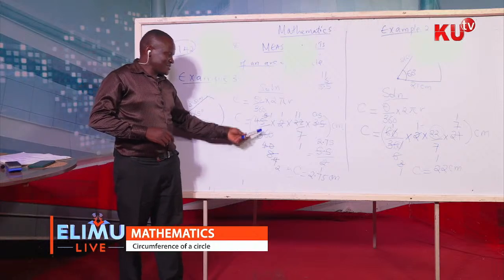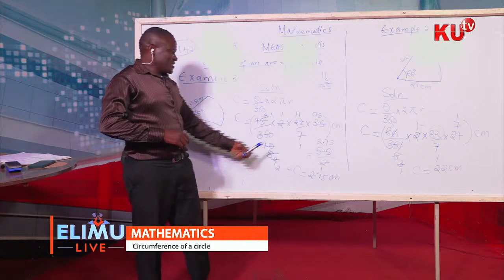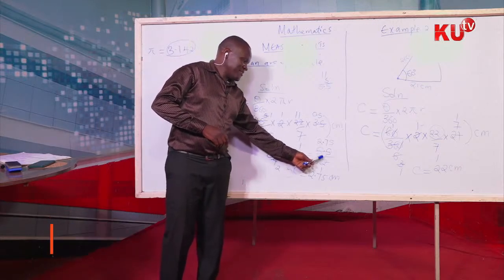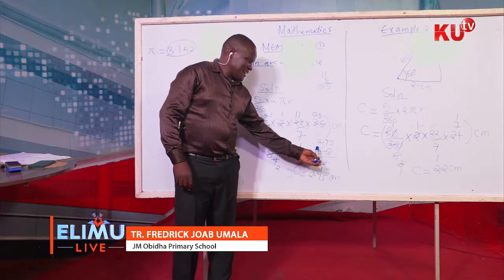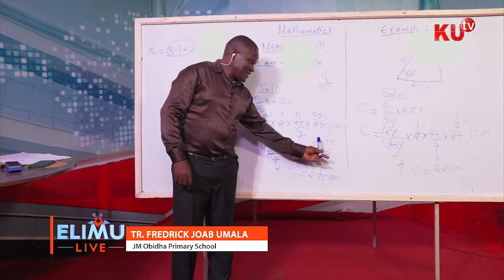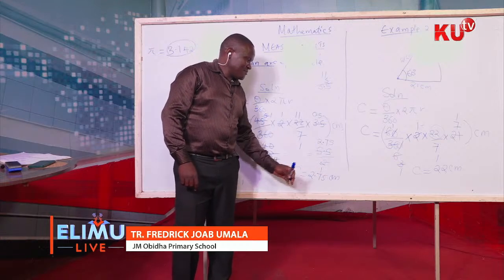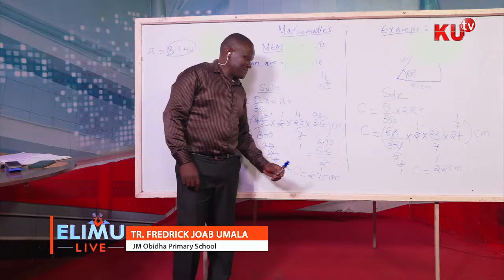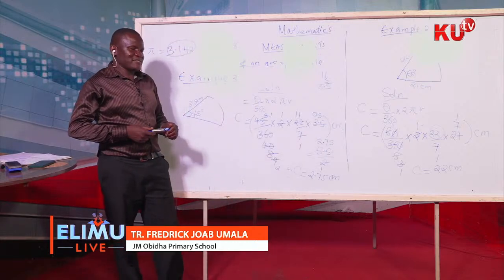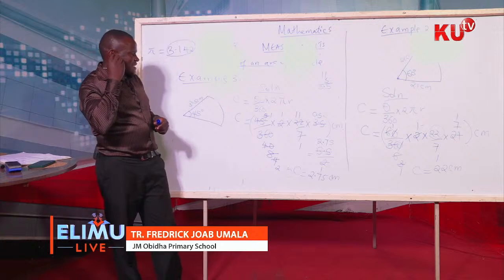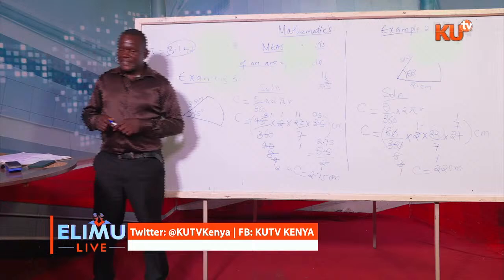So when we work out all this, we got 5.5 over 2, and 2 went into 5.5, 2 times, then 7 times. So we had our 2.75 centimeters as the circumference of the arc.